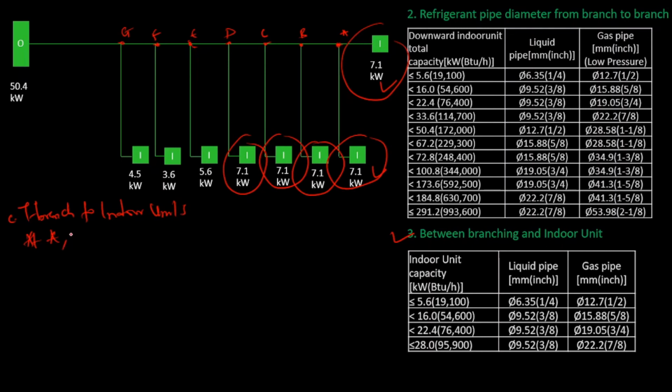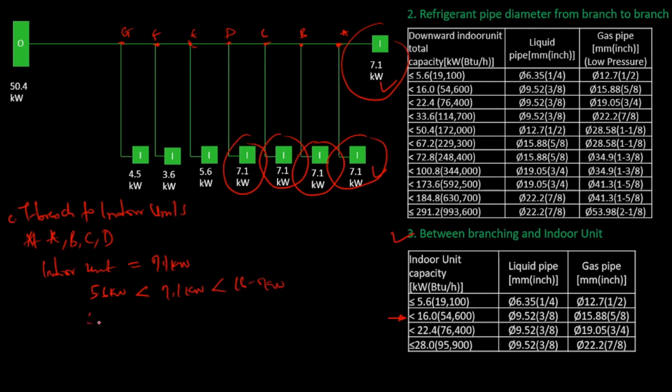So we say at branch A, B, C, and D, the indoor unit capacity for them now is equal to 7.1 kilowatts. And we know that 7.1 kilowatts is between 5.6 and 16, so it's somewhere around here, right? So we'll say 5.6 kilowatts is less than 7.1 kilowatts, which is also less than 16.0 kilowatts.